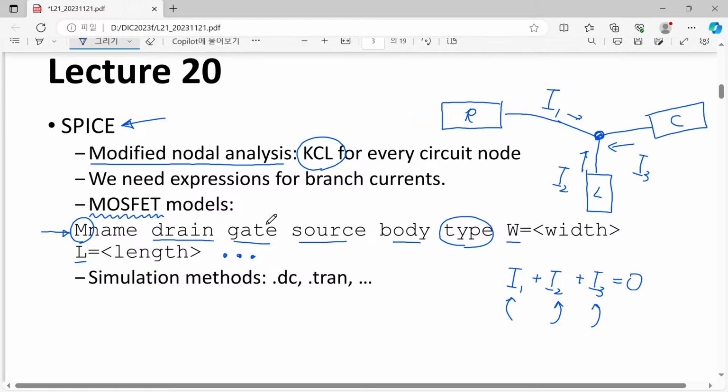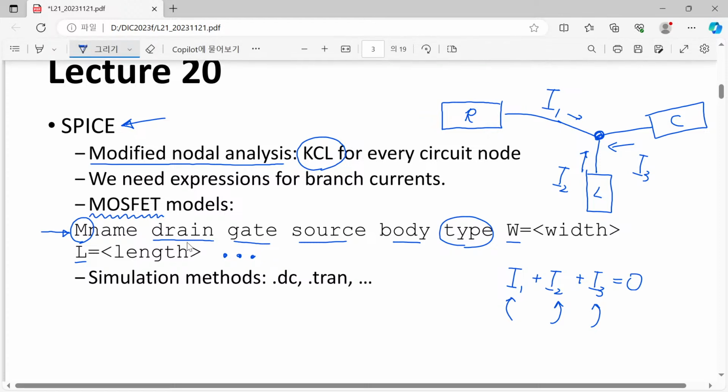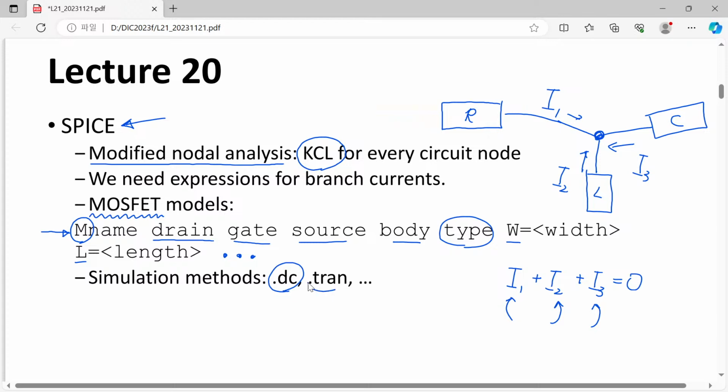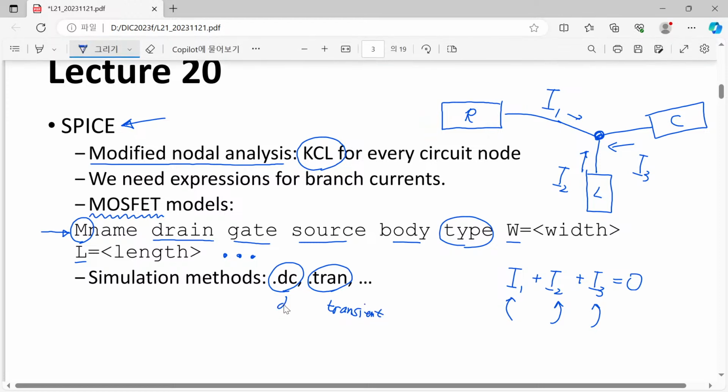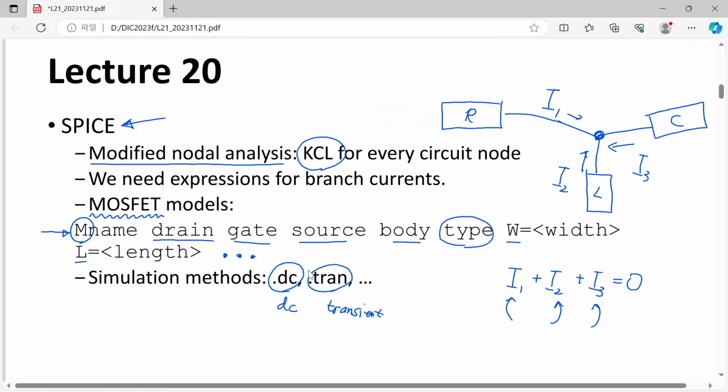In order to specify the MOSFET, we need something, and a simulation method. There is .dc, which is DC simulation, and .trans, which is transient simulation. Of course, not only these two, we have additional simulation methods available in the SPICE program.